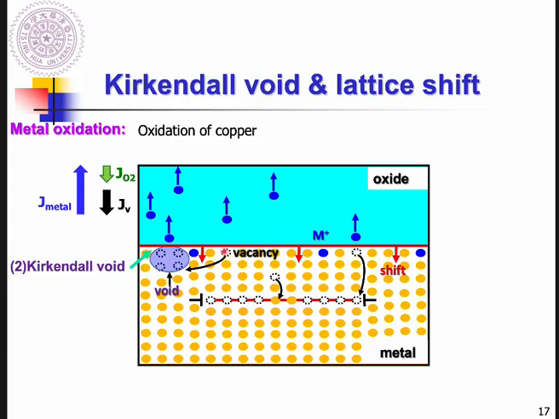Because some metal ions move upward, we leave a vacancy here. As long as we have lots of vacancies, they have a chance to accumulate and grow larger and larger to form a void. We call it a Kirkendall void.